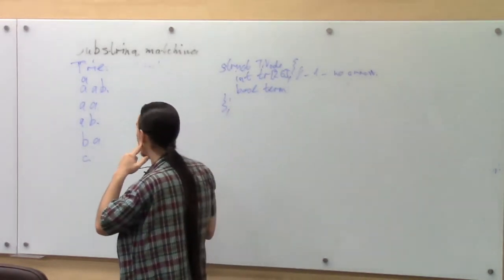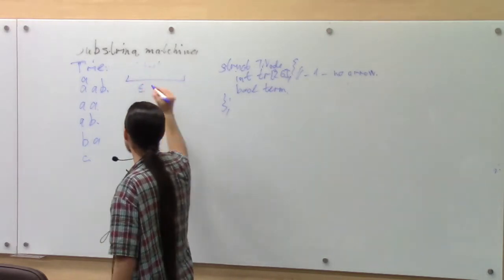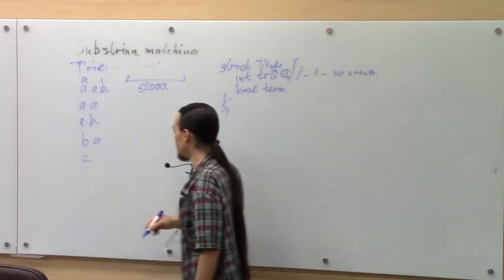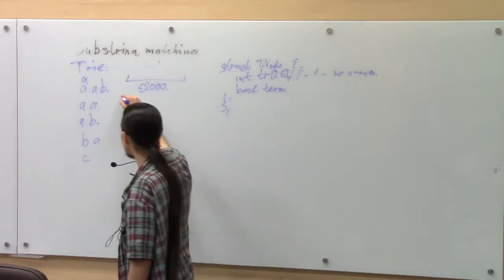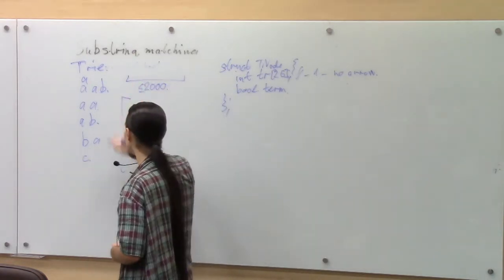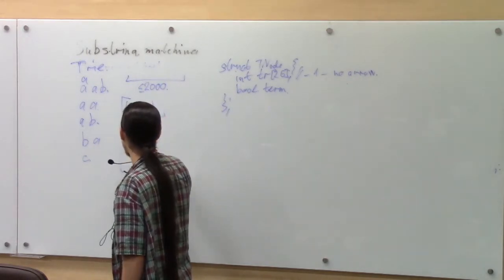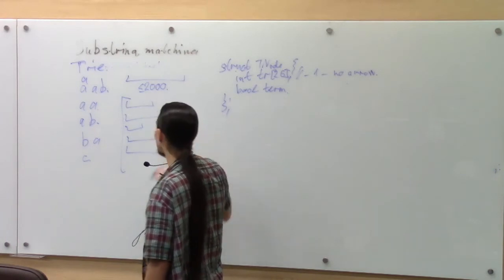What we have is a string of length, let's say, at most 2000, and then we have to process a lot of queries that are templates. So this is basically a text. These are templates, and the total length of the templates can be up to 1 million.